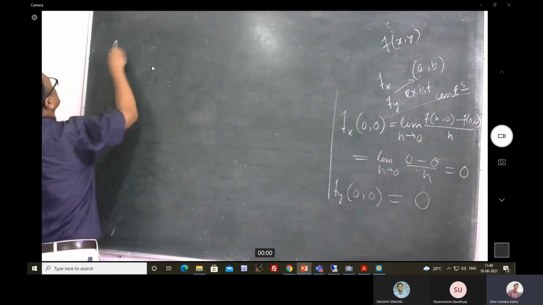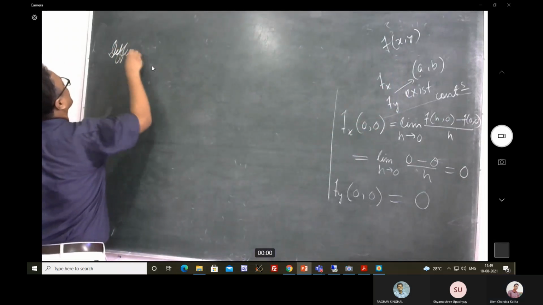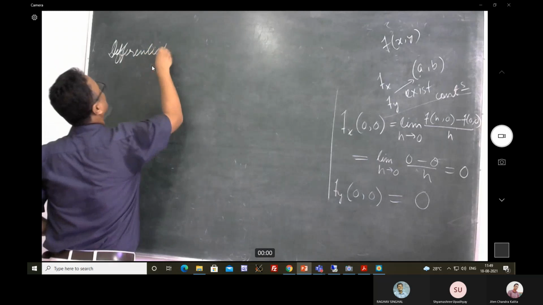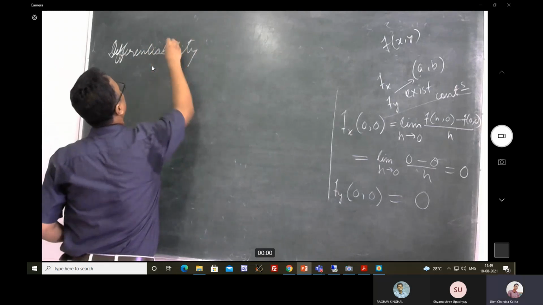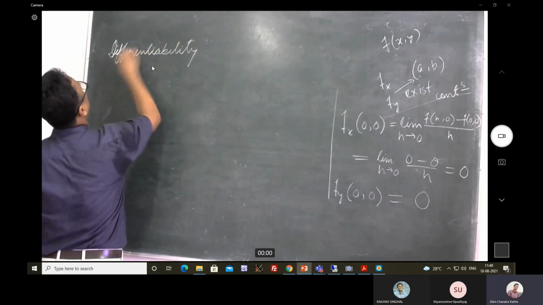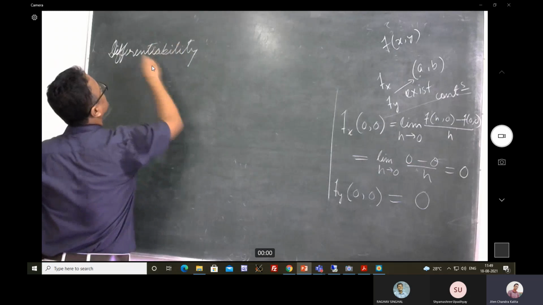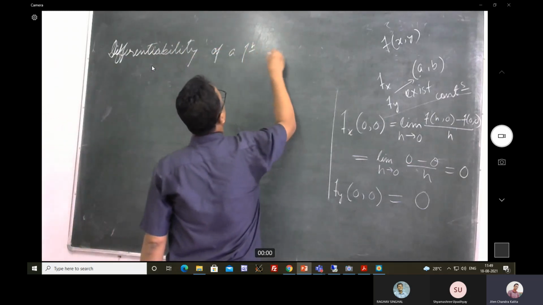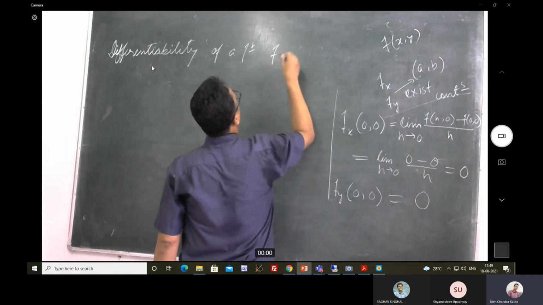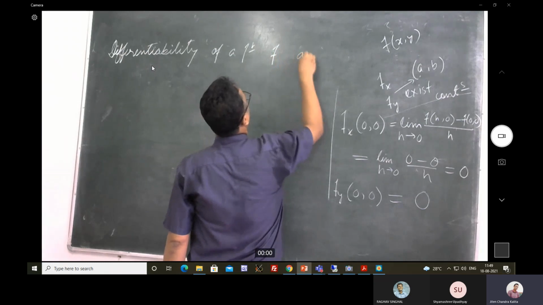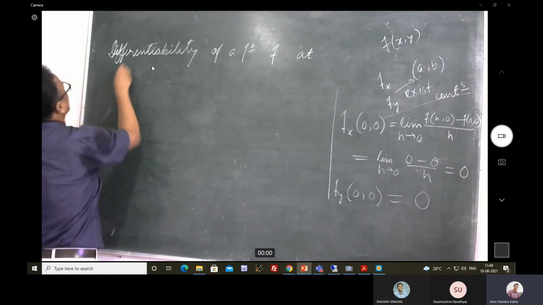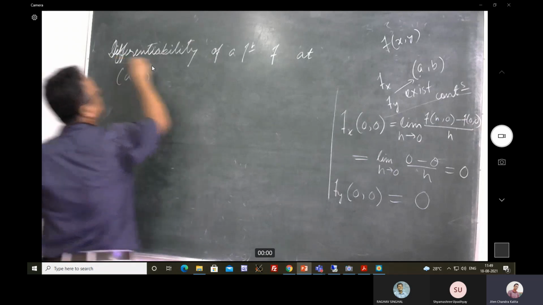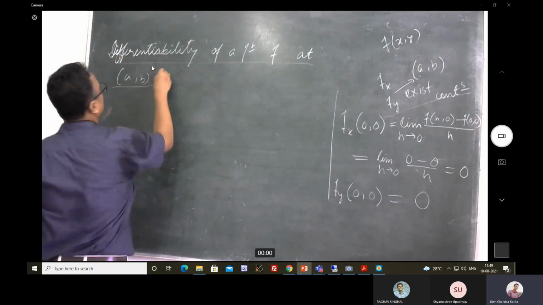So this is the differentiability of a function f at a point (a, b).